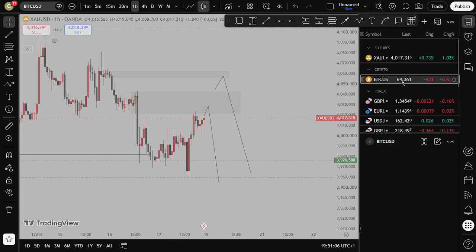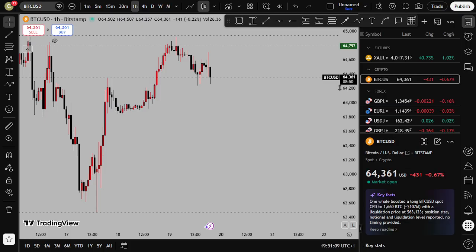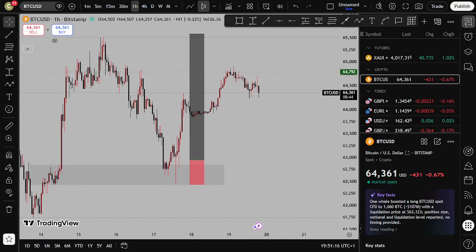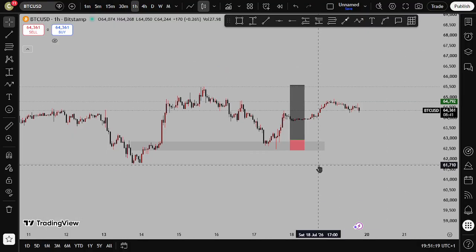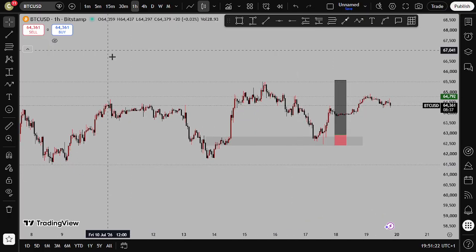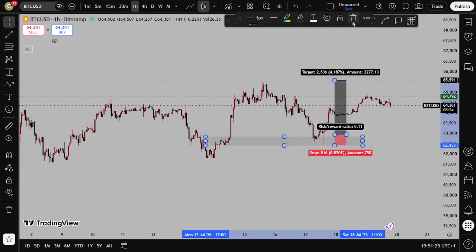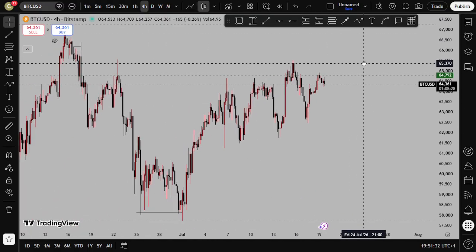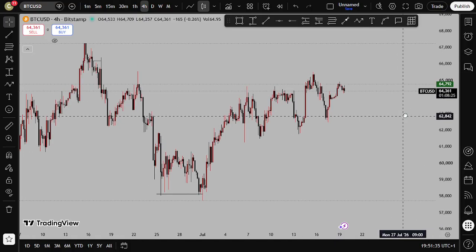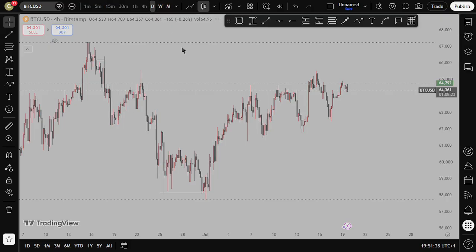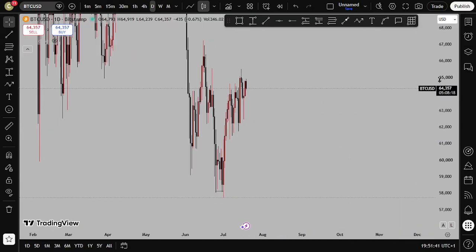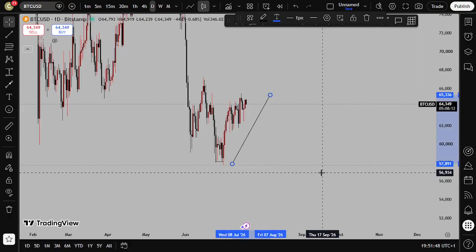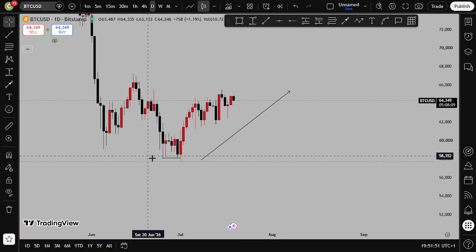Let's go to BTC. So BTC now, from the daily time frame, you notice that BTC has been moving upward after this daily low sweep.